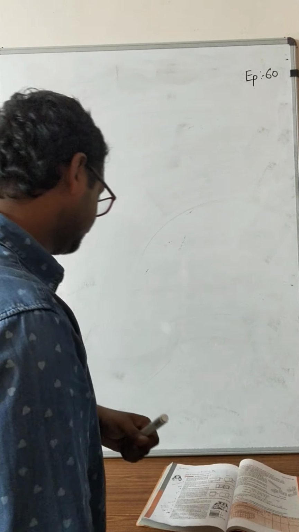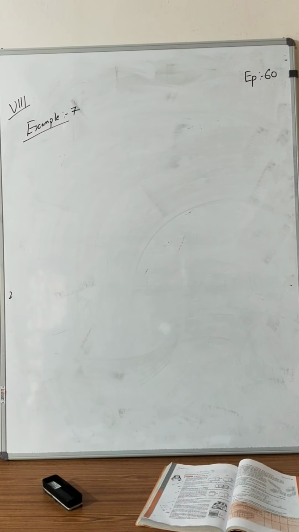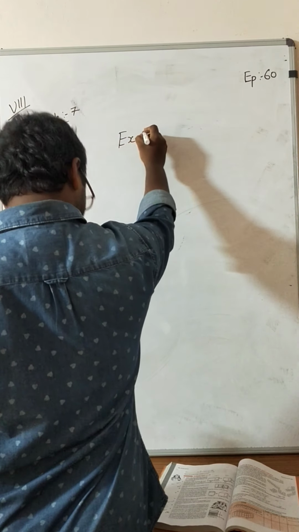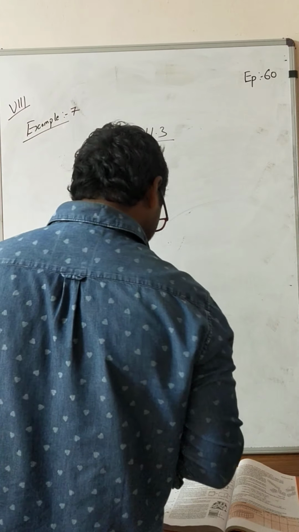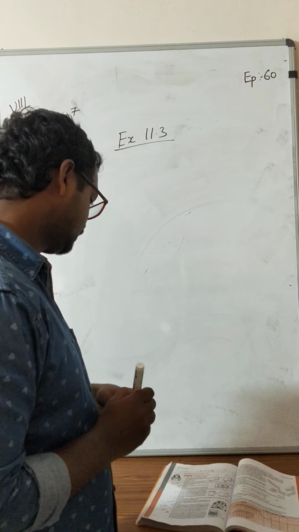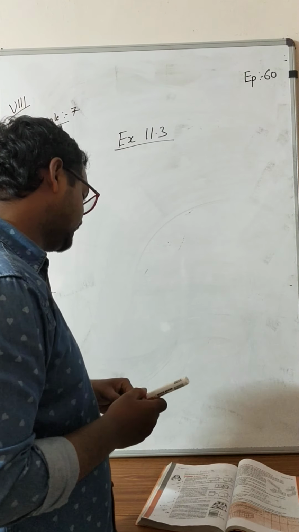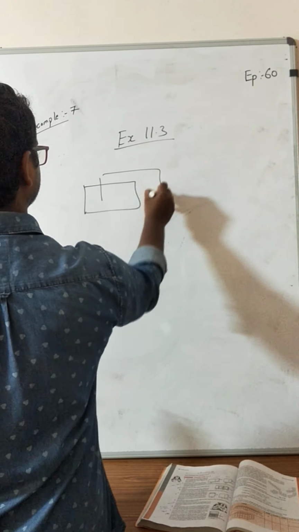Now let's move on to the exercise questions. In exercise 11.3, look at the first question. There are two cuboidal boxes as shown in the adjoining figure. Which box requires a lesser amount of material to make? So we are given two boxes.